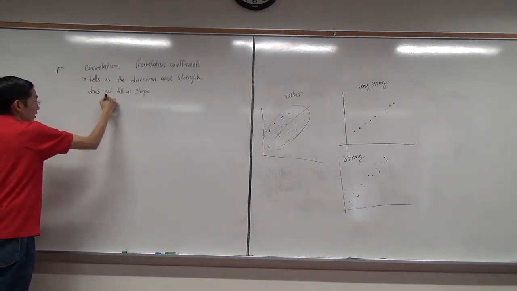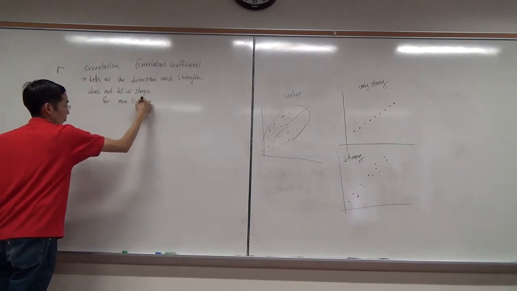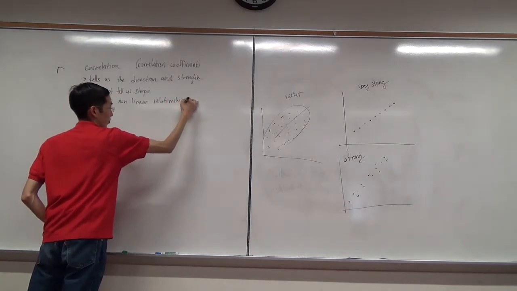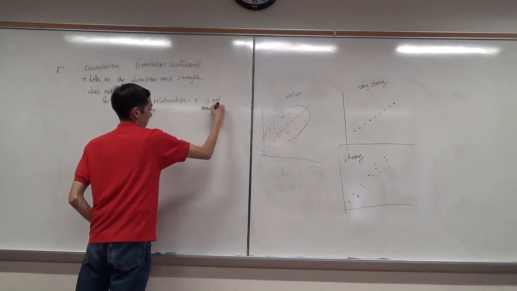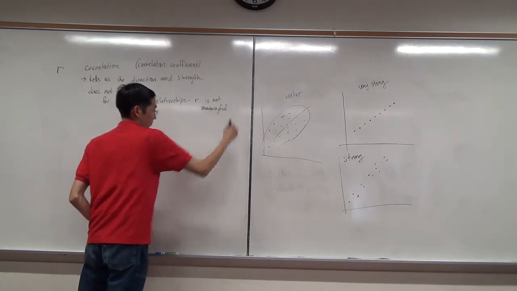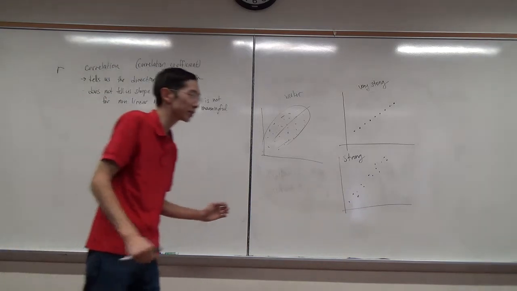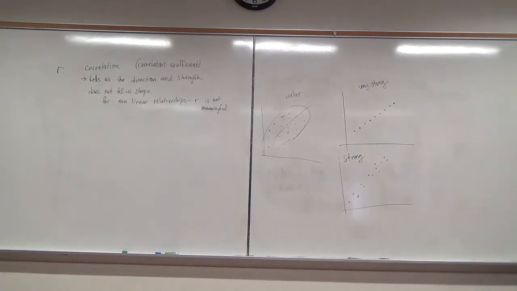And for non-linear relationships, R is not meaningful. You can just stick it in the formula or throw it at a computer and say, calculate the correlation for me, and it will produce a value, but it won't necessarily be meaningful.